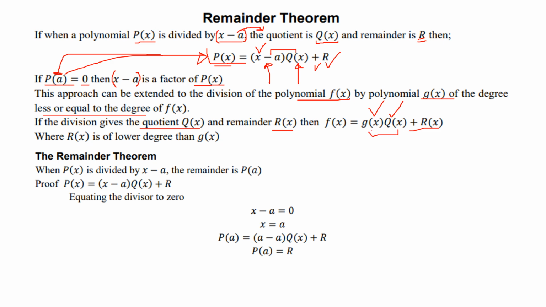So it's the divisor multiplied by the quotient, plus the remainder, where r of x is of lower degree than d of x.